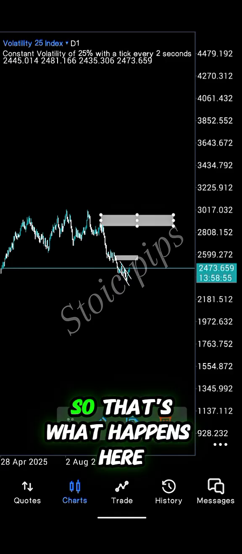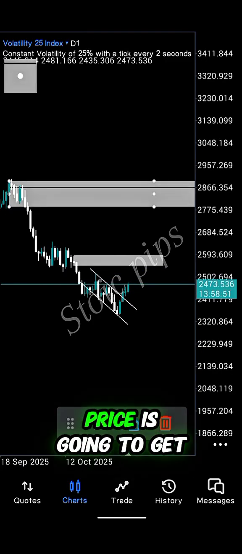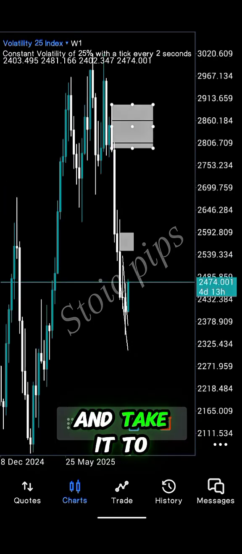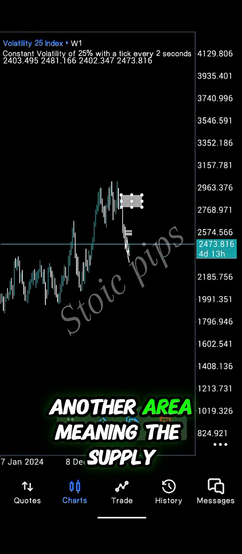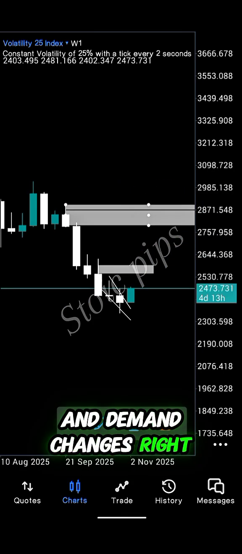So price is going to get price from a certain area and take it to another area, meaning the supply and demand changes, right?